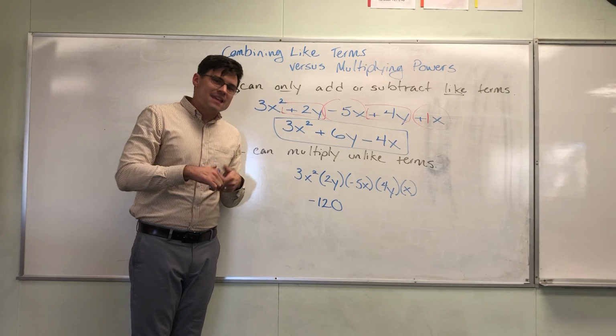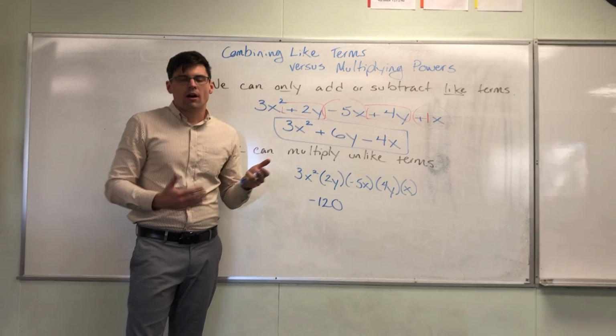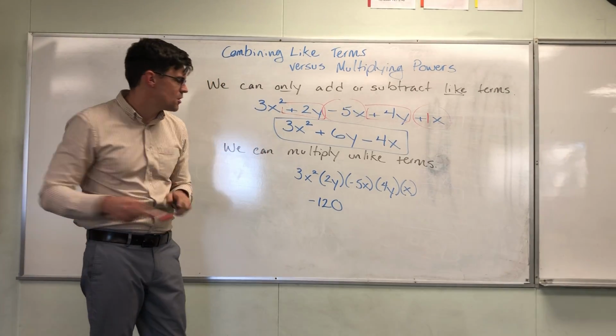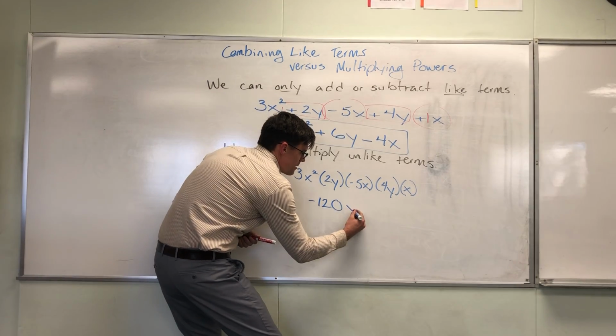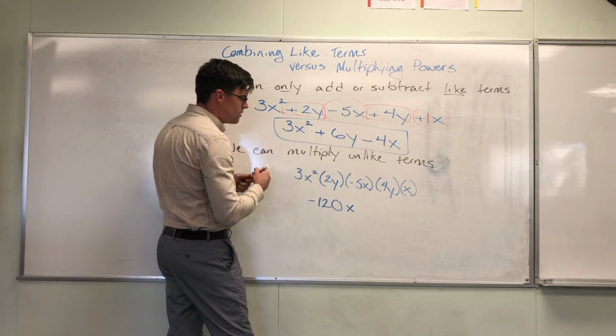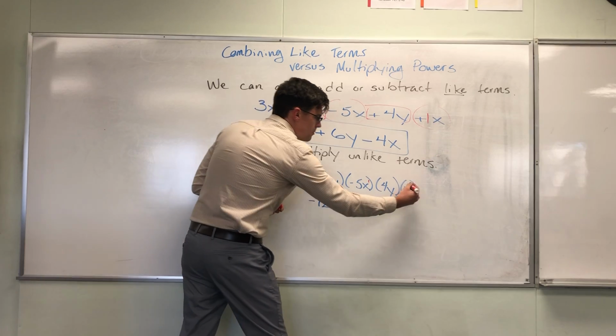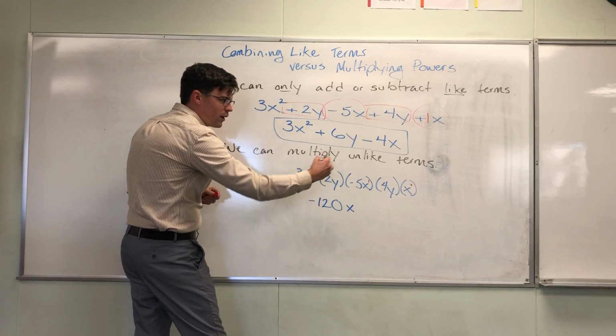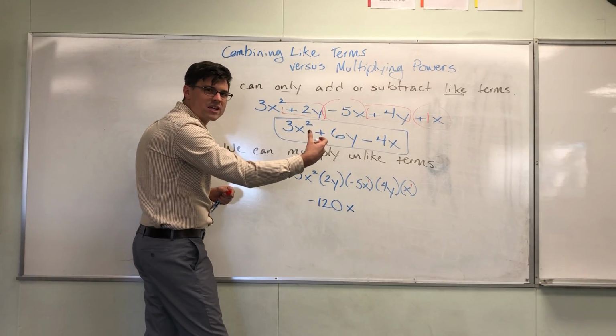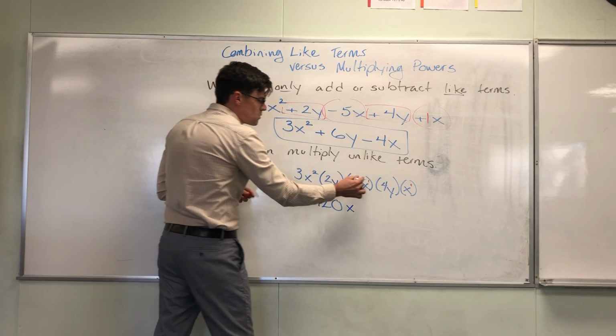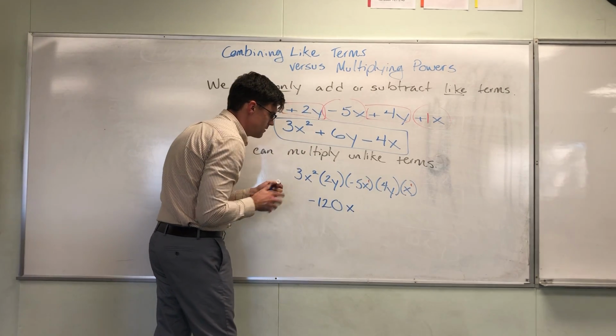Now I'm going to add the exponents above each variable. So if I'm adding the exponents above x, that's 2 plus 1 plus 1. So don't forget the variables that don't have an exponent, they have an exponent of 1. 2 plus 1 plus 1 is 4.